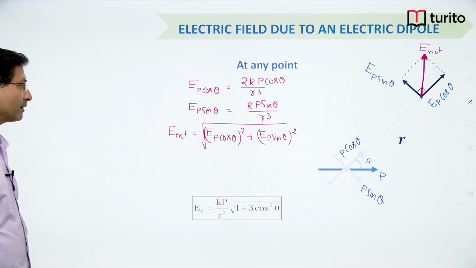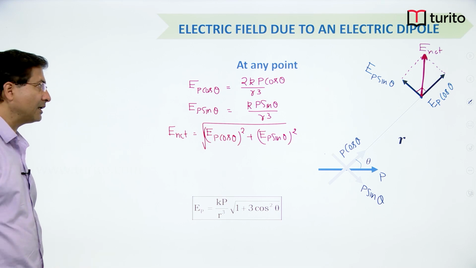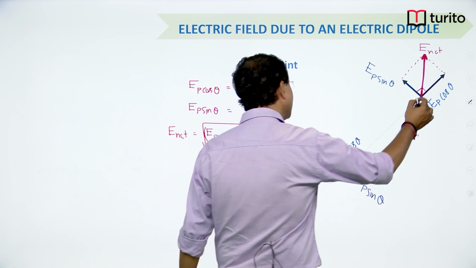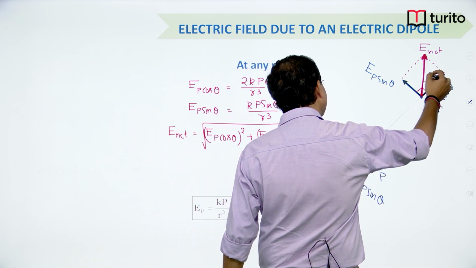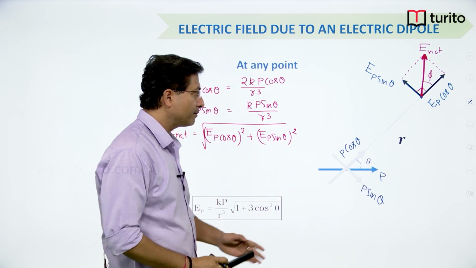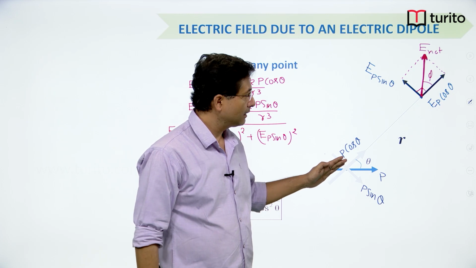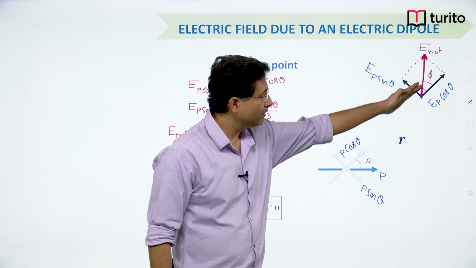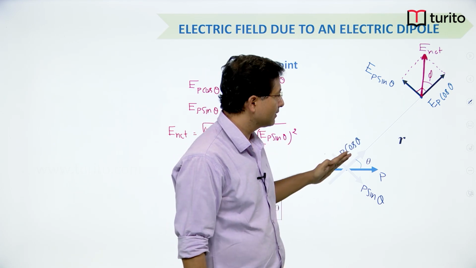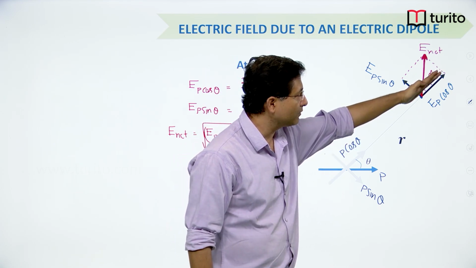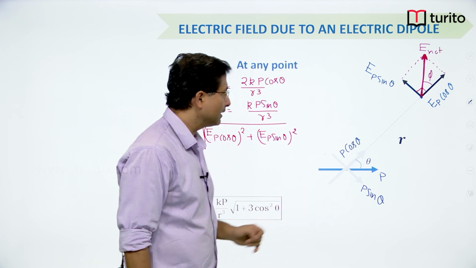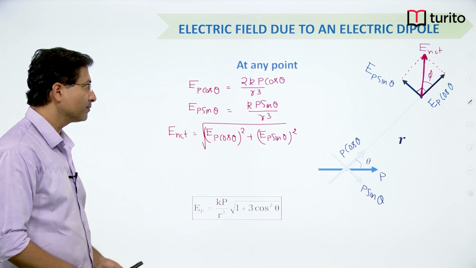Now as this is a vector quantity, field is a vector quantity, we have to tell about the direction. So if I assume this angle to be phi, the angle made by the field with the line joining the center to the point, with that the field is making angle phi, what is the relation between tan phi and theta?